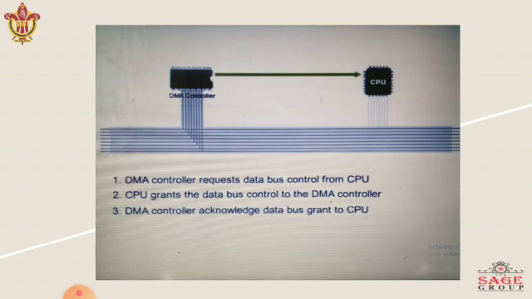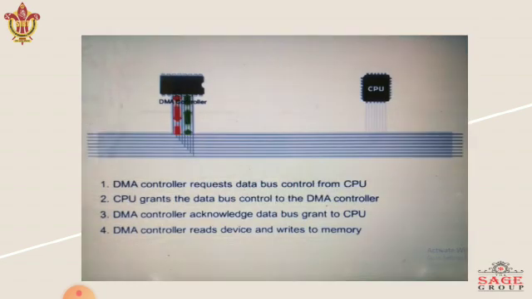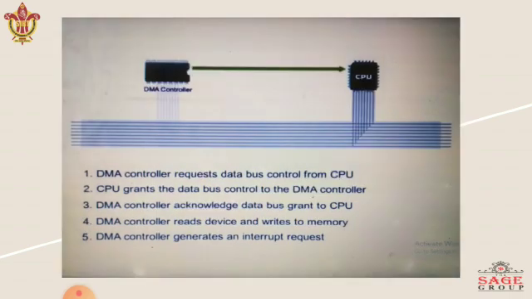Third, the DMA controller acknowledges the data bus grant to the CPU. After that, finally the DMA controller reads the device and writes to memory. At the end, the DMA controller generates an interrupt request to tell the CPU.